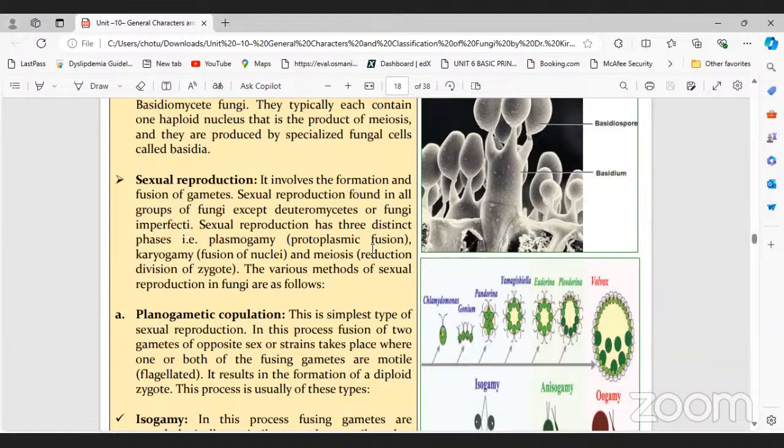The dikaryon may persist for a varying period by consecutive division of the two nuclei. What are the two nuclei? This nuclear phase in the life cycle is called dikaryophase.